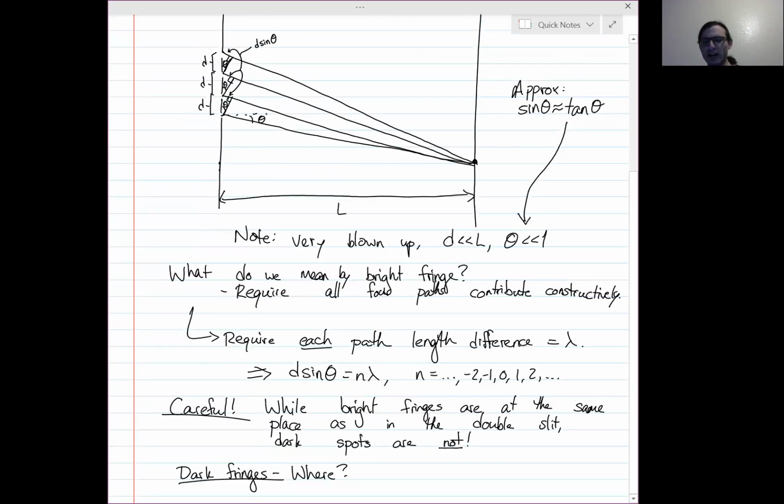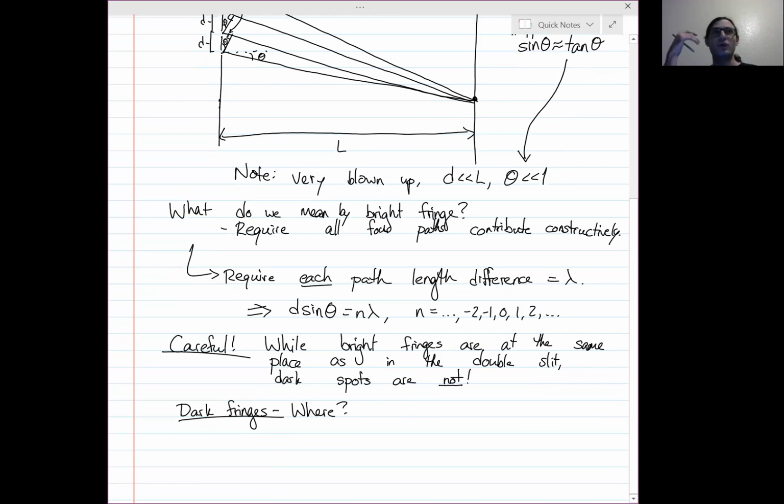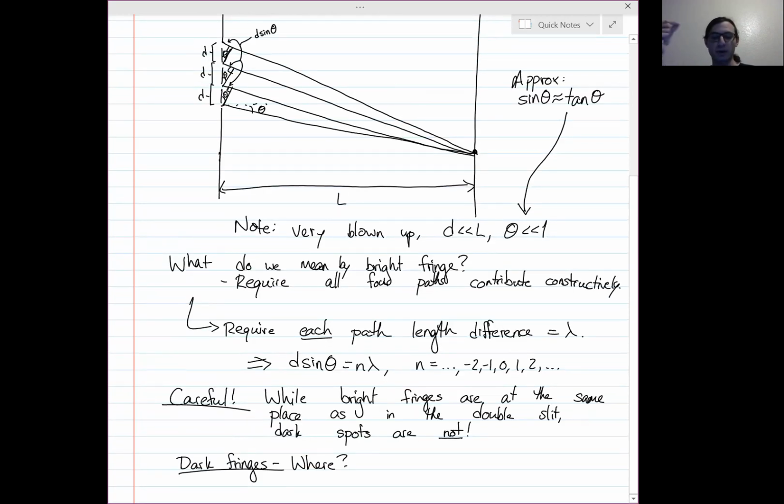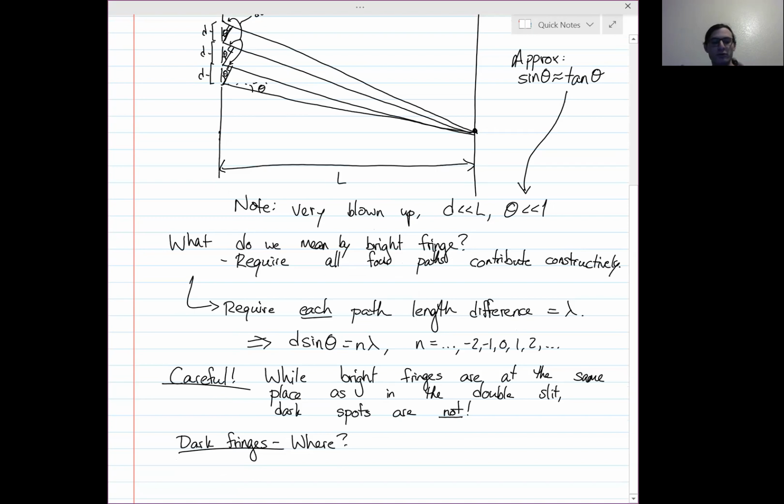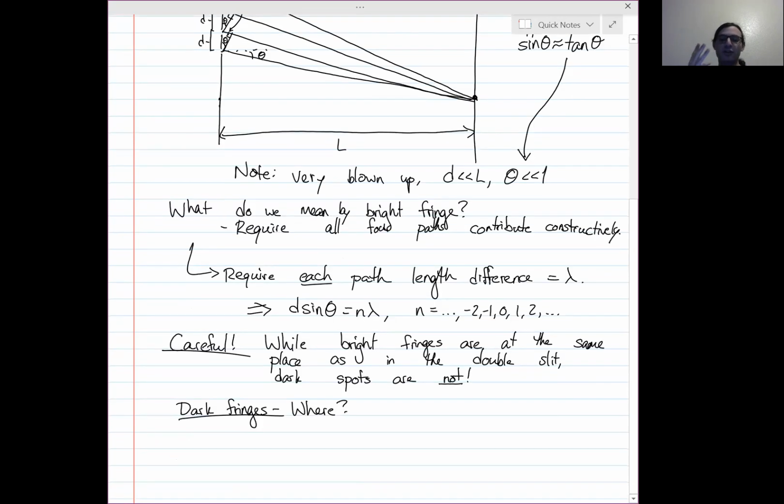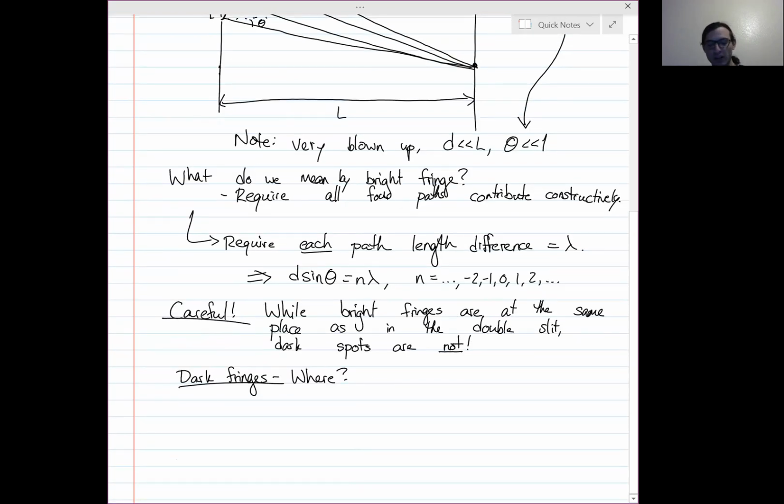The point I was making, and I'll make this point more clearly later, is just that the reason why we had equally many dark spots as bright spots in the double slit is because if you took all of the energy in a bright spot and smeared it out over the dark spots too, then it would be the same brightness as if there were no slits at all, just the source as it normally is. And so here we have 4 sources coming together to one bright spot, so you have to have 3 dark spots to smear it over. That was the point I was making.